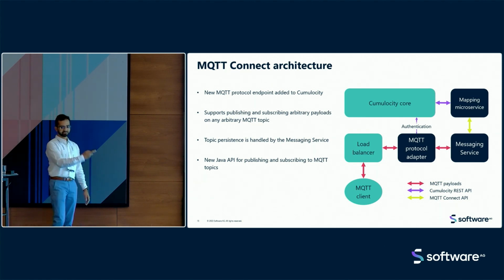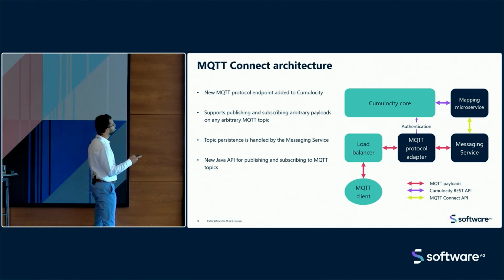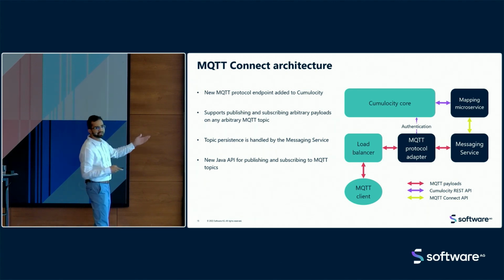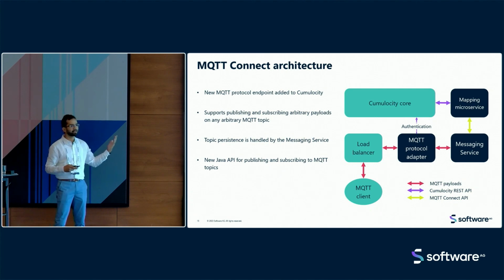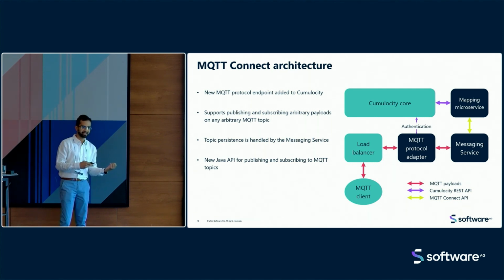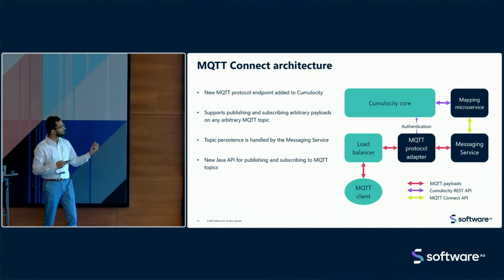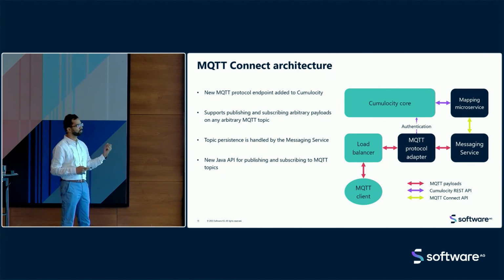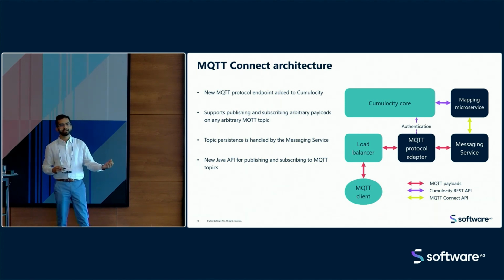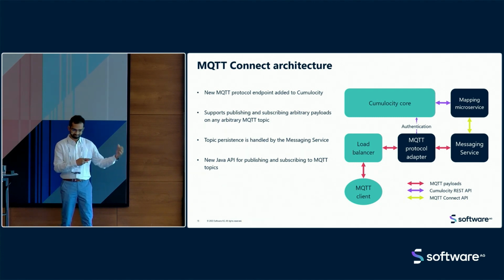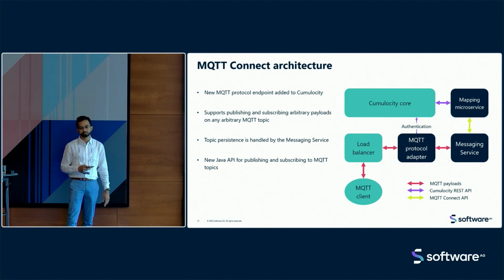Now, the backend of that is, of course, our messaging service. So this is where the persistence of those topics and their data really happens. And this is what enables you to send in arbitrary payloads and talk on arbitrary topics using MQTT.